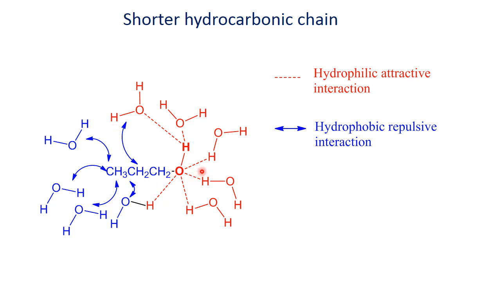So I have a hydrophilic part that is attracted to water, and a hydrophobic part, the hydrocarbon part, that repels water. We refer to the repulsive interaction here by this blue double-sided arrow.